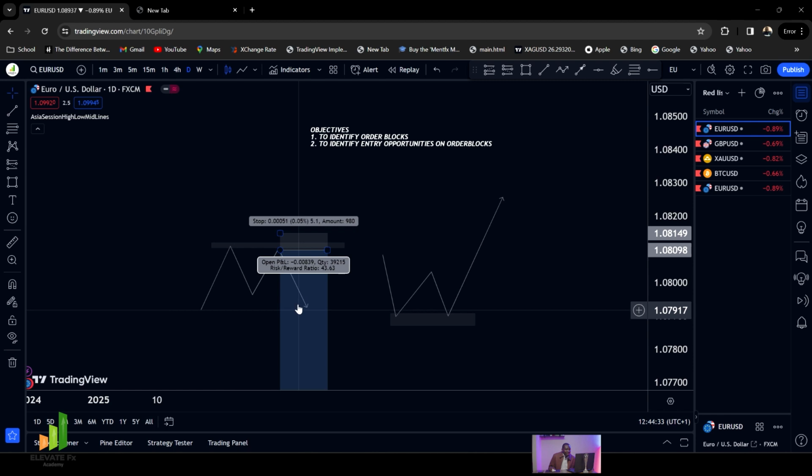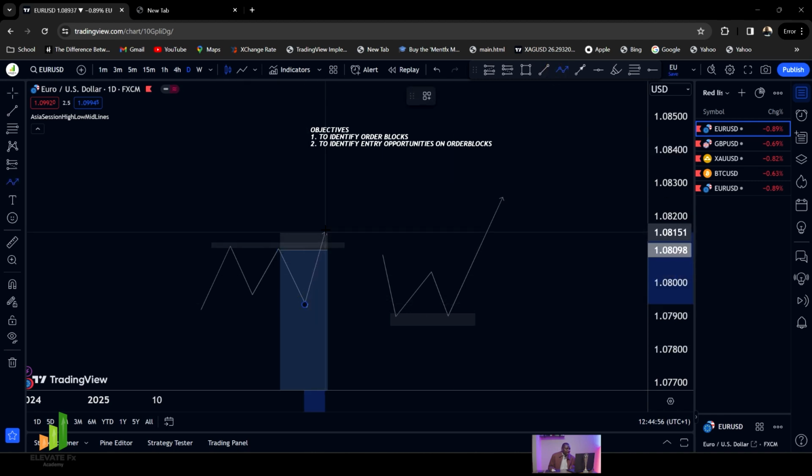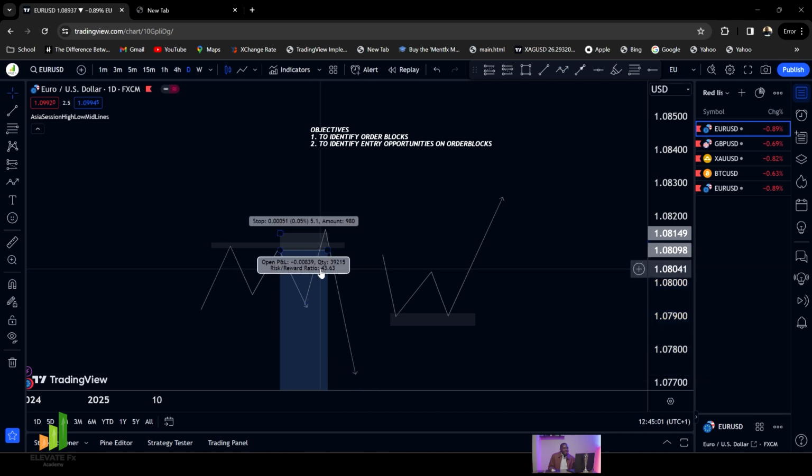Now, what the composite man does is he delivers price in such a way that you feel the market is going to move in a certain direction, only for him to take you out of your trade so that he can get involved in that trade. So in this case, if I wanted to sell the market and I was the composite man, I would deliver price in such a way that will make you want to sell your position, only for me to have you taken out and then proceed to take price in that direction I expected it to go in the first place.